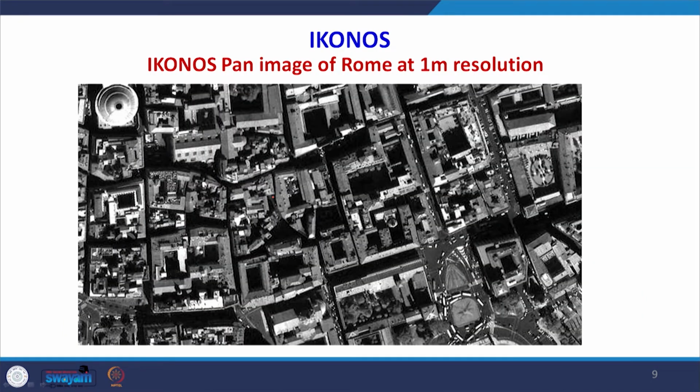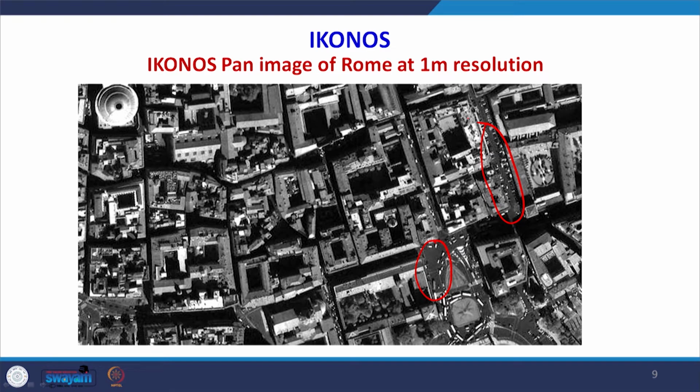This is the panchromatic data at 1 meter resolution. This is black and white, covering part of the Rome area. If we look at this particular image, we can identify even the number of vehicles which are moving on the road at any given instant.